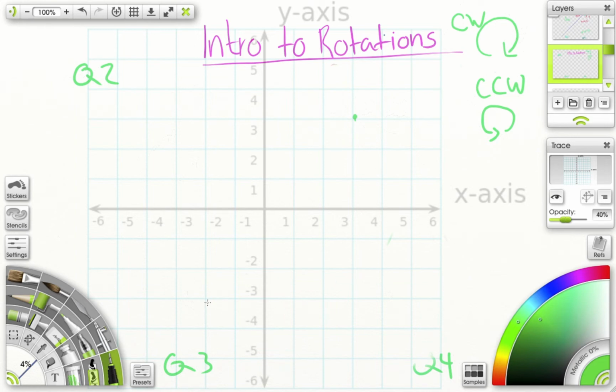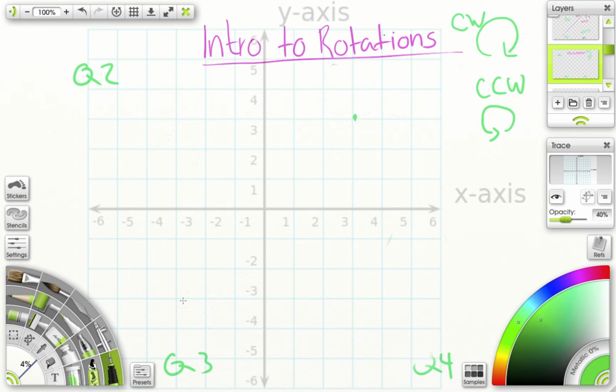I will tell you guys right now, when you have a 180-degree rotation, most worksheets will tell you just to do 180. It won't tell you clockwise or counterclockwise because it's always going to be opposite no matter which direction you go. So for example, if I'm doing 180 counterclockwise, I go 1, 2 quadrants over. If I'm doing clockwise, I'm going 1, 2 quadrants over. It ends up in the same spot.